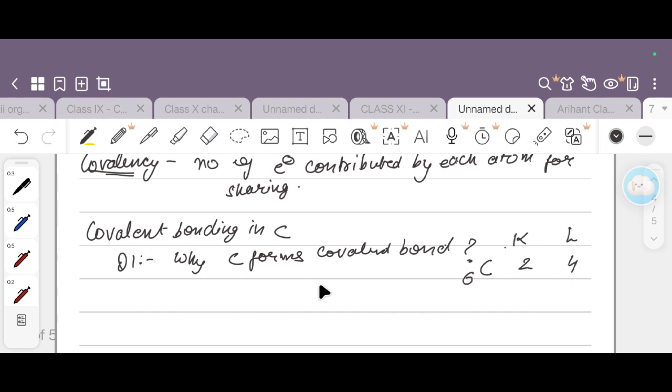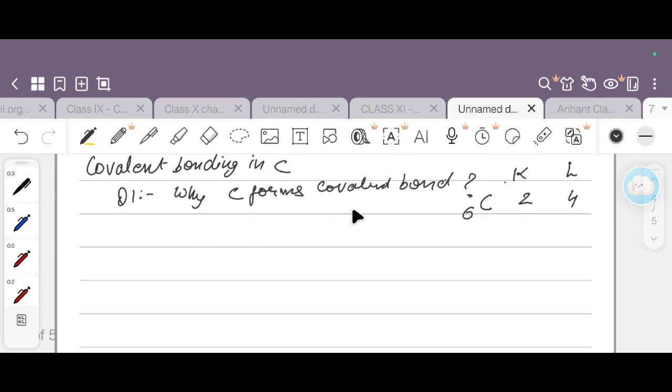Now for making a stable configuration, we have two ways. First, we can remove 4 electrons and make it like helium, having atomic number 2 and a 2 electron stable configuration.